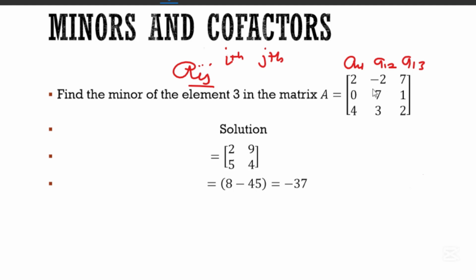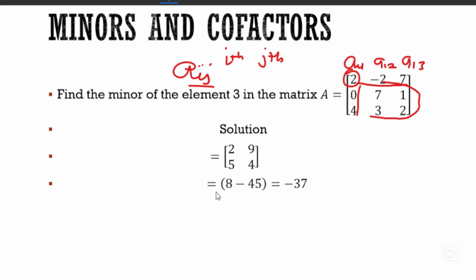So when we take an element, for example, 2, and we have to find the minor of the element 2, then we need to delete all the elements in the ith row and the jth column of that element. So the remaining elements form a square matrix, and after finding its determinant, we term that the minor of the element 2.